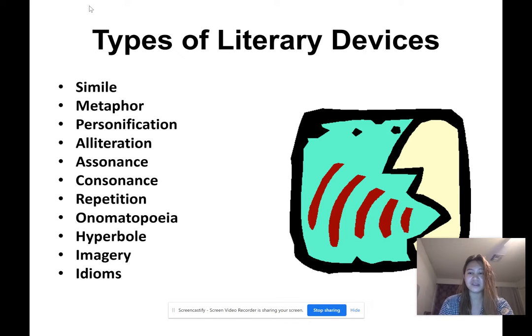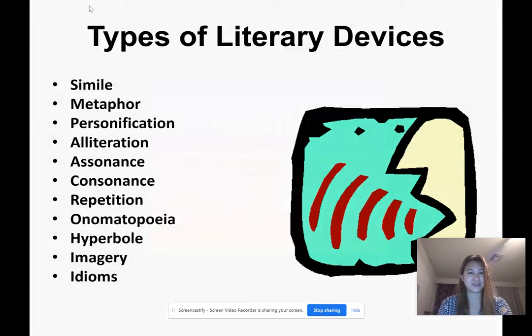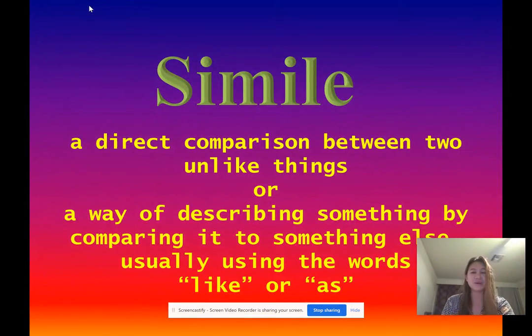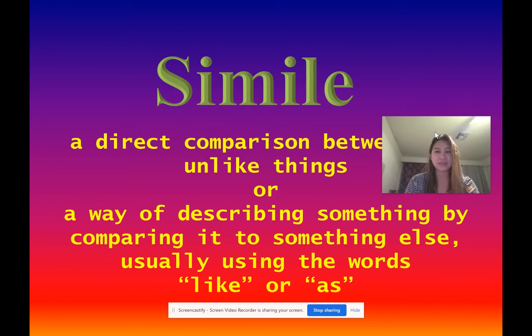We're not going to talk about all of these, and I believe you have an idea about them because I'm assuming you've encountered these terminologies years ago. Okay, crossing fingers. The first one is the simile.